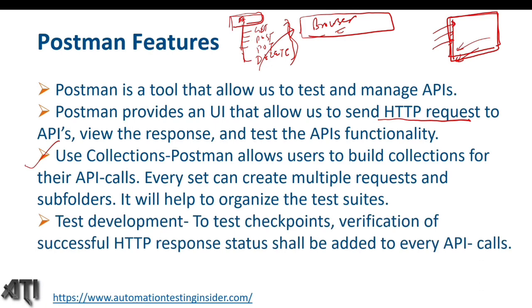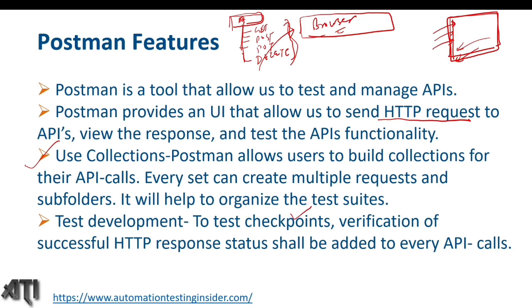Test development: to test checkpoints, verification of a successful HTTP response status can be added to every API call. Whenever we send the request to the server, we get the response in the form of HTTP status codes. So we can validate what kind of response we are getting, and we can create different checkpoints as well. What are checkpoints? Nothing but validations.